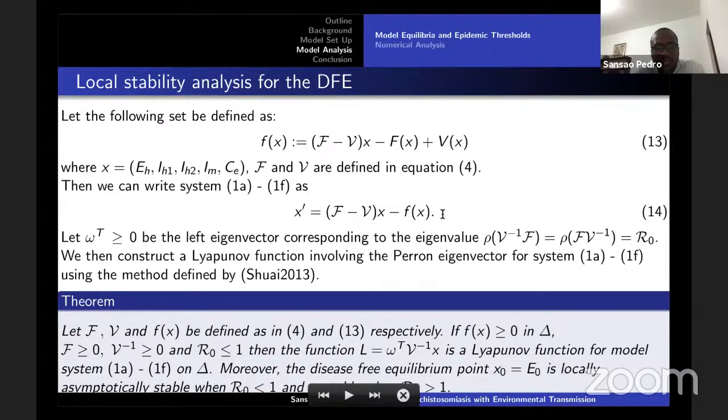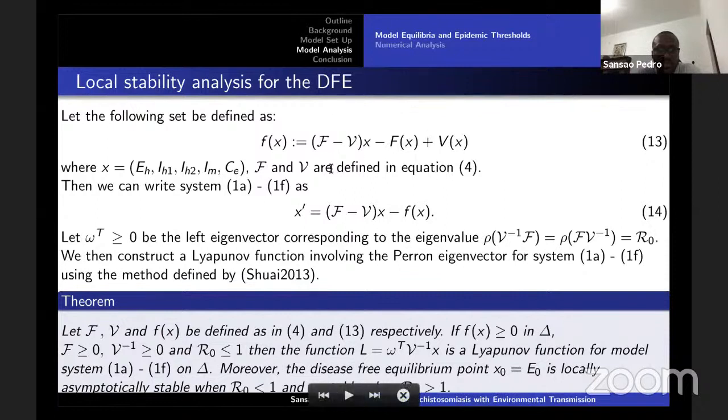We know other methods do not provide us with a specific way on how to construct a Lyapunov function, but through this method we are able to construct a Lyapunov function that is specific to our model, and use it to discuss stability of the equilibrium points.